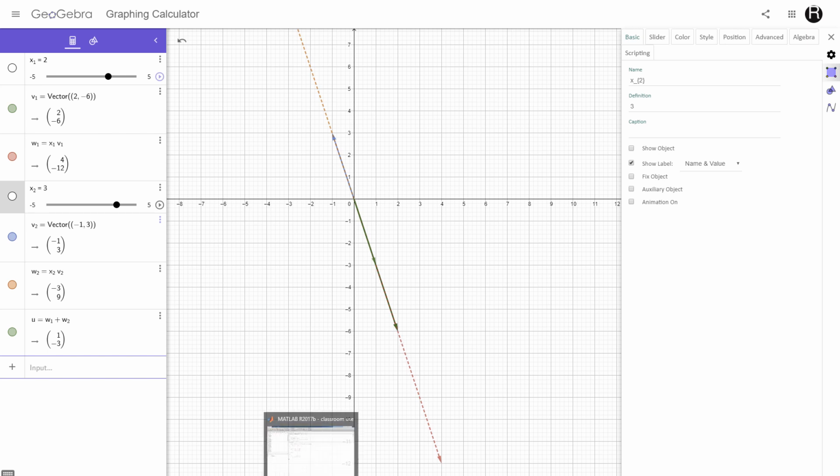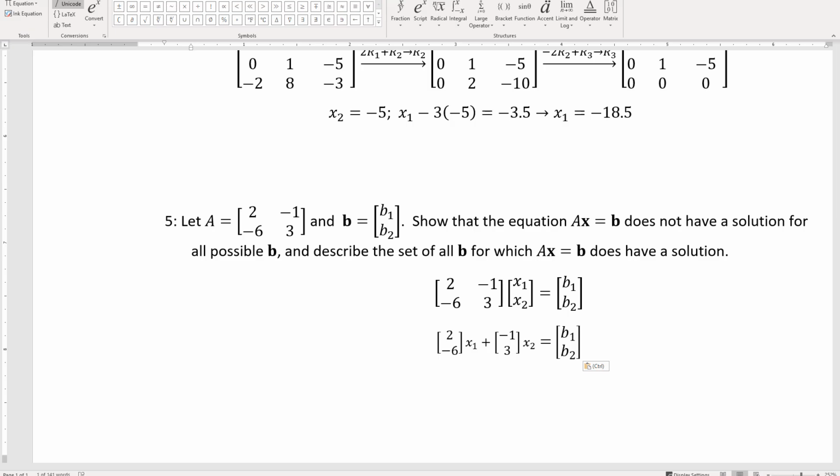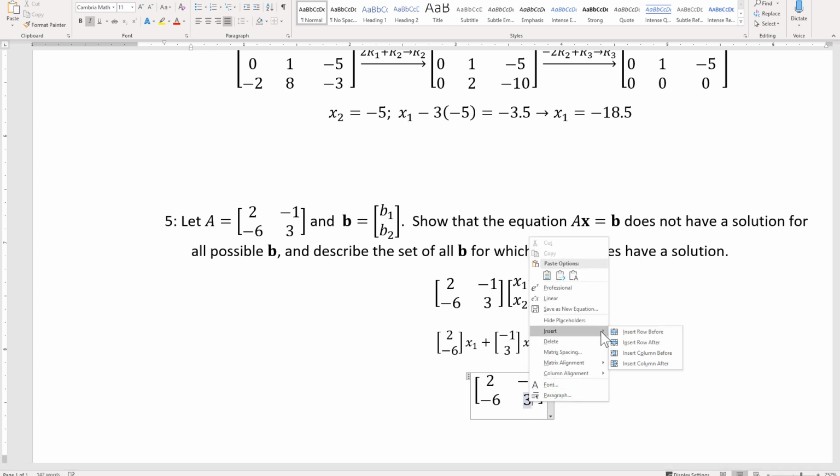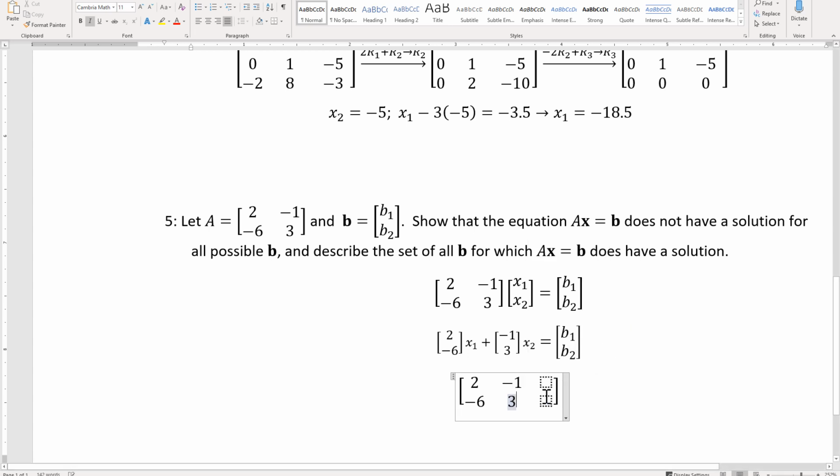So let's take a look at what happens in our work here. If we were to go back to this equation, we can make an augmented matrix out of this. The augmented matrix happens when we add another column here and then put b1 and b2.